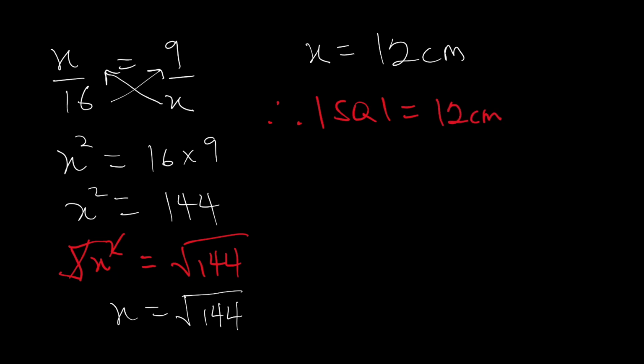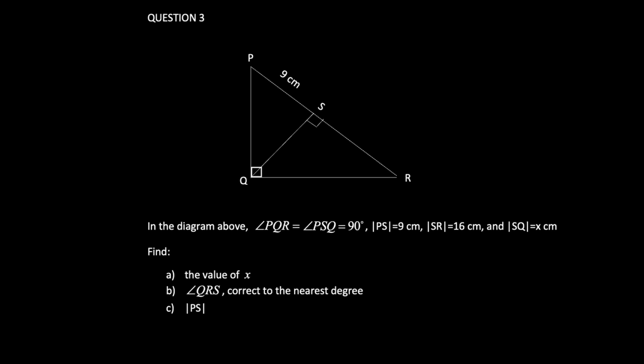So that brings us to the end of question 3A. Moving on to part B, it says, find the angle QRS correct to the nearest degree. So we are finding angle QRS.